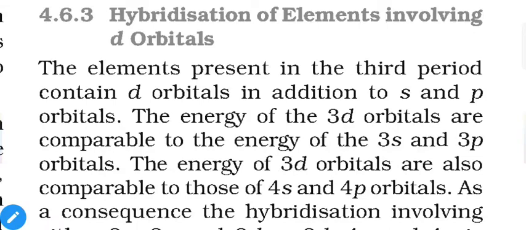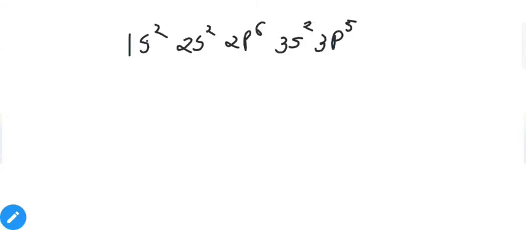So the electronic configuration of chlorine is 1s2, 2s2, 2p6, 3s2, 3p5. As we can see, in this electronic configuration we didn't mention the d orbital, but it will be present in chlorine, because when we start the third orbit, all of the possible L values or orbitals will be present.